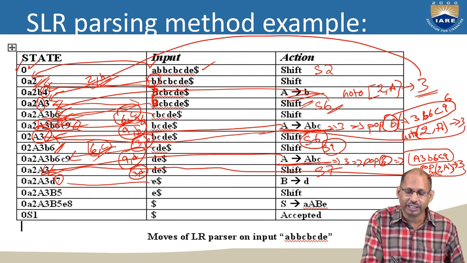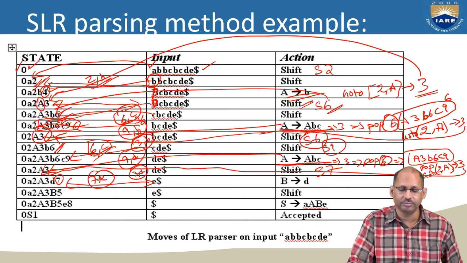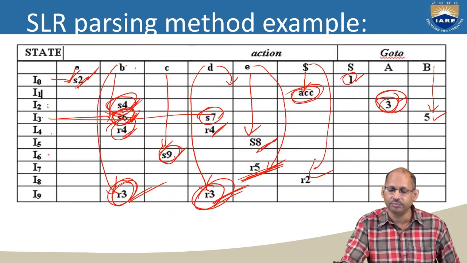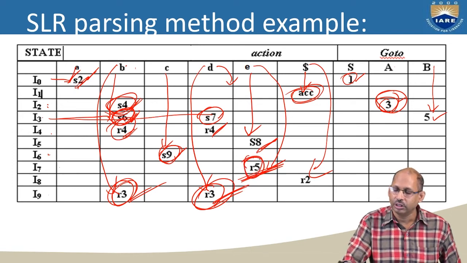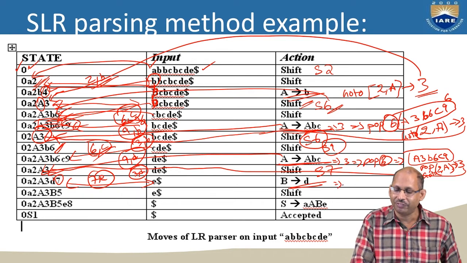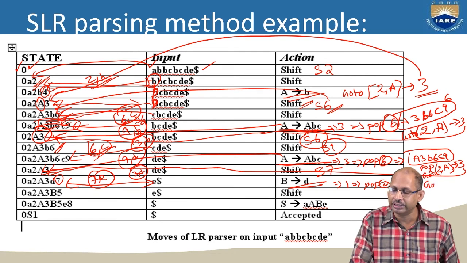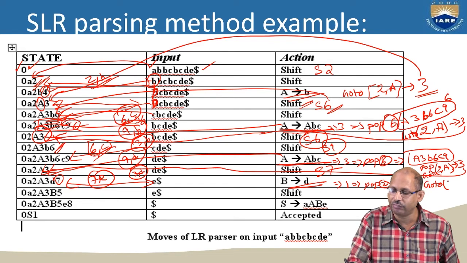Then 7 and E. What do we have for 7 and E? 7 and E are R5. Reduce the production number 5. We use D, which is 1 symbol. So pop 2 symbols. What are the 2 symbols we have to pop? D and 7. So we have to consider go to. D7 we have removed, then 3 we have.